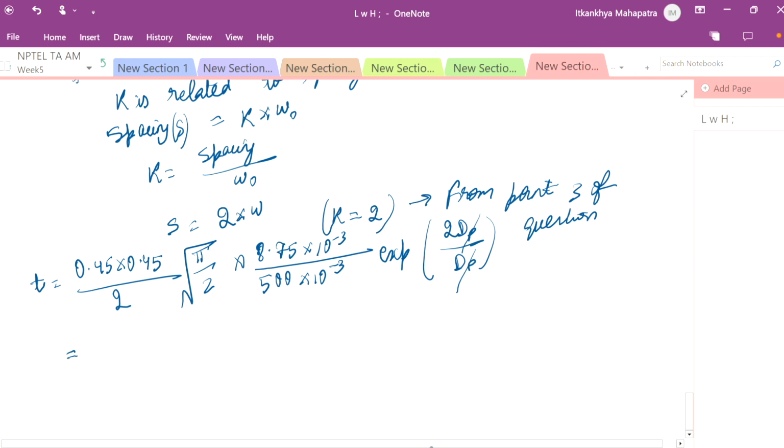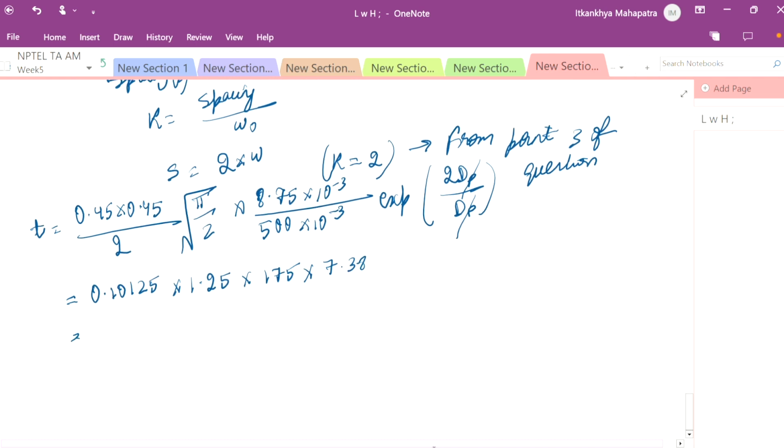Solving this we get 0.10125, then 1.25 into 175 into exponential of 2, which becomes 7.38.